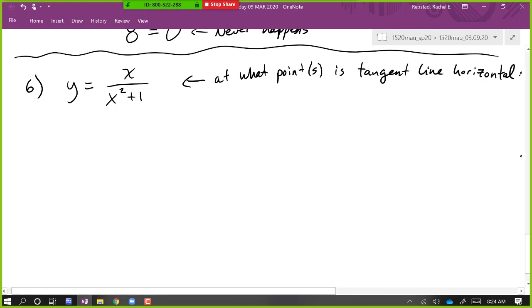Yeah, it's 0, right? Rise over run. If it's horizontal, there's no rise, the y doesn't change at all. So if we want to know at what points the tangent line is horizontal, what we want to do is find where dy/dx equals 0.